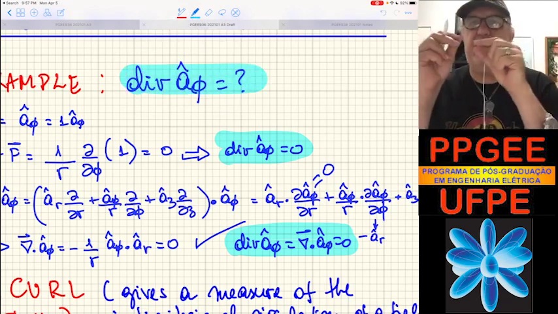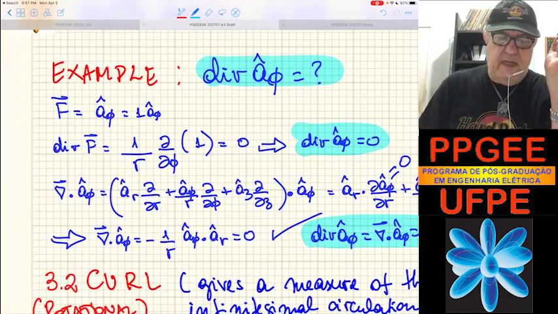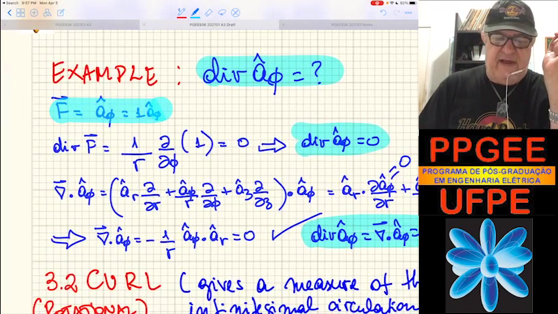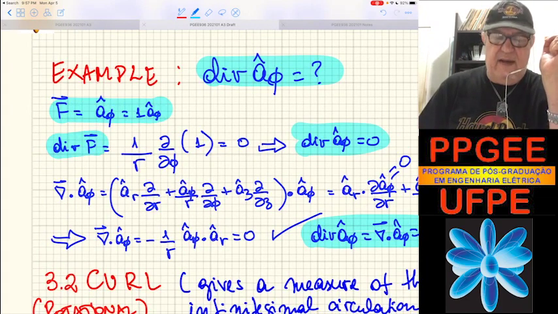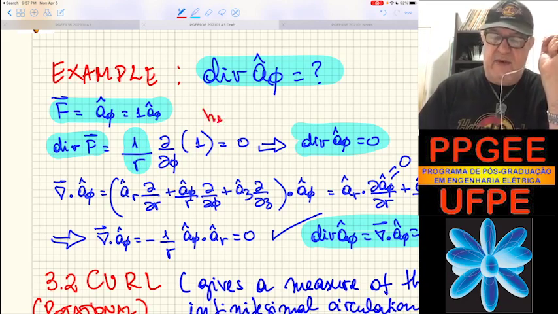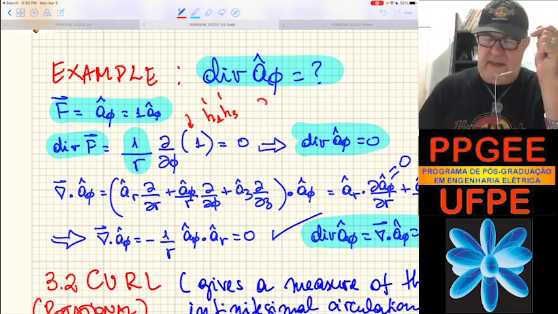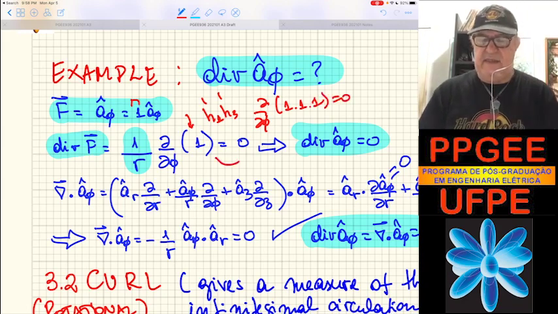Let's pick one versor, a phi. So f is a phi equals 1 a phi. The divergence, by definition, is 1 over r in this case, times the derivative with respect to phi of H1 times H3 times the second component of the field, which is 1, and the derivative is 0.